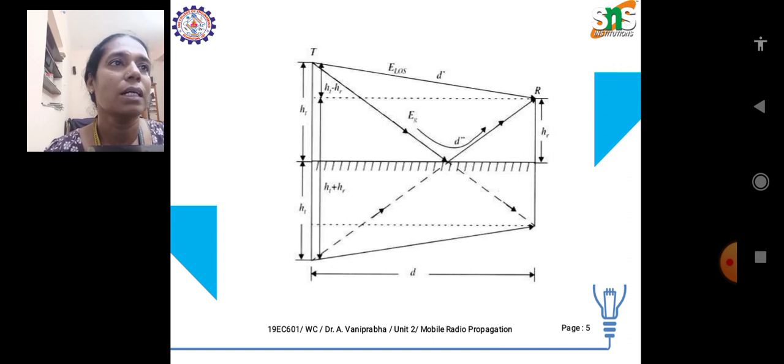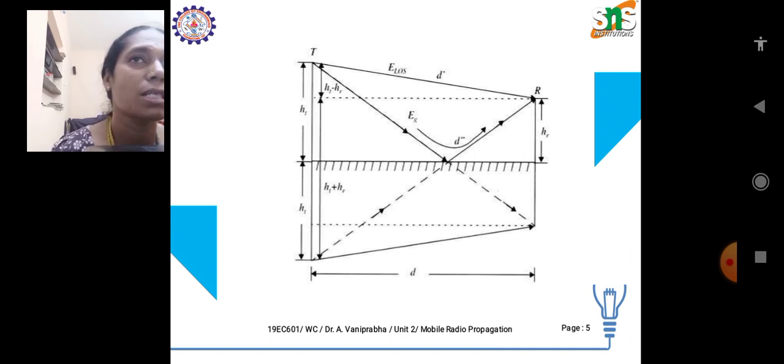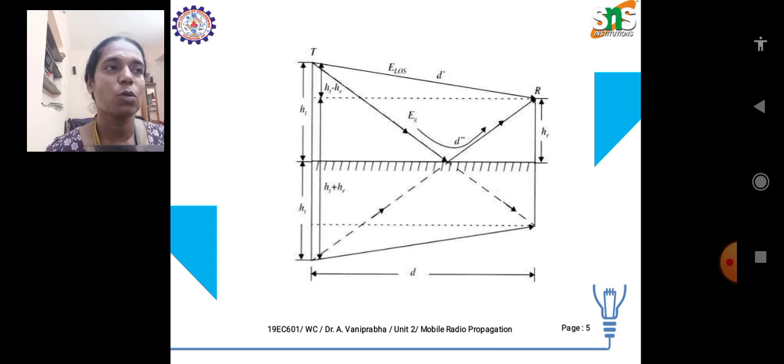So this represents the mirror images. We have studied the same topic in the previous subject, electromagnetic fields. Assuming the ground as a medium, below the ground there is an image, which is nothing but the mirror image.